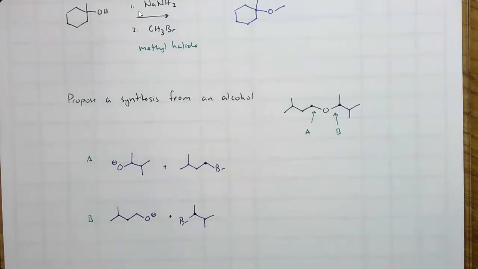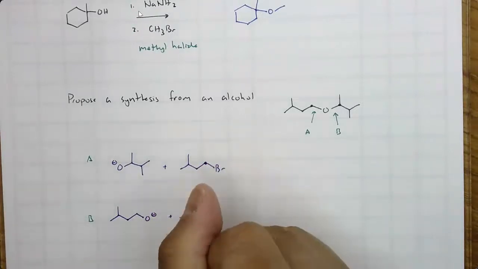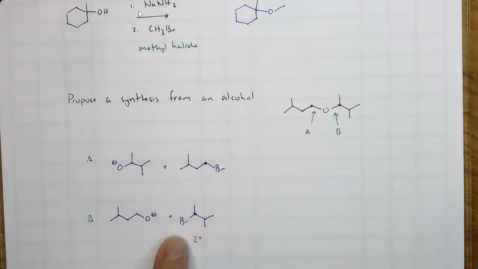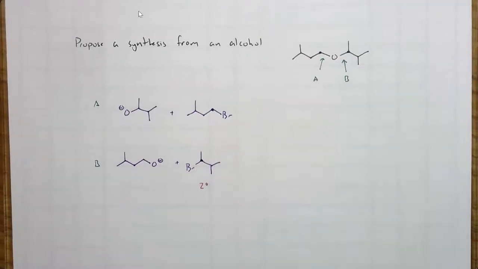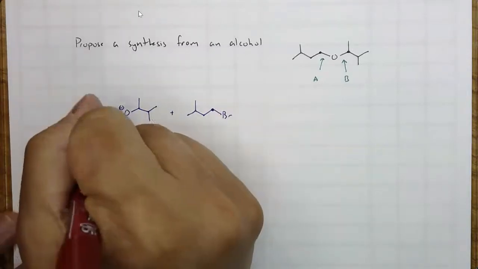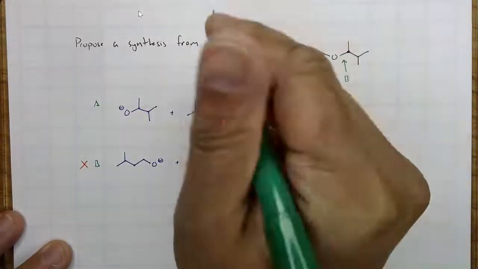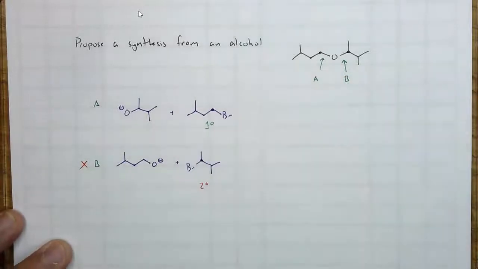We notice that this is secondary. And we're not going to get a substitution product as a major product. We're going to get the elimination and make a double bond from this alkyl halide. That's the strategy. Okay, so we're going to reject this. And this is good because this is primary. We just now have to format it in a synthesis.